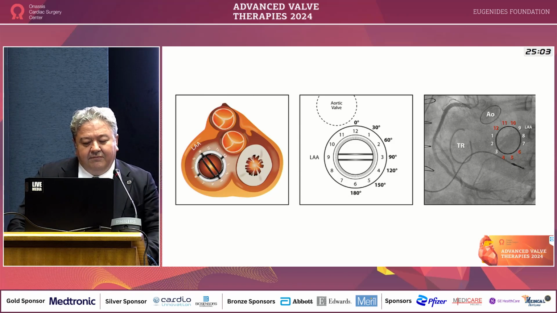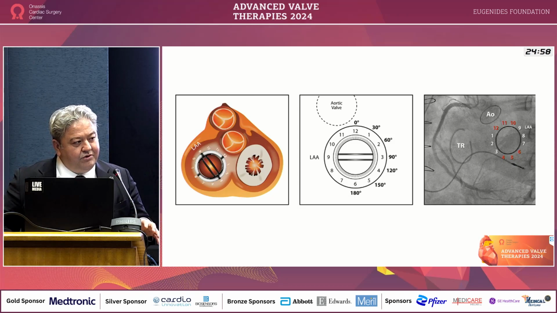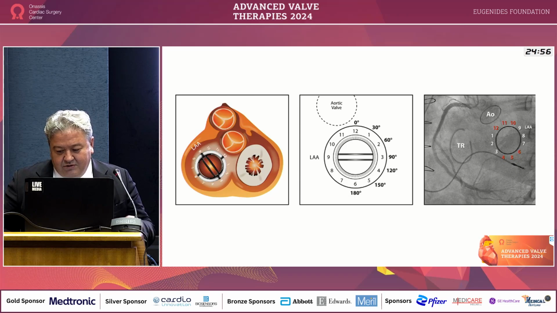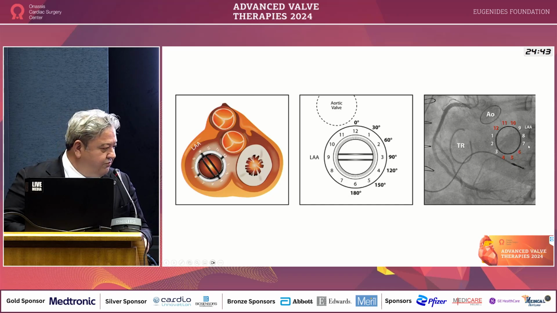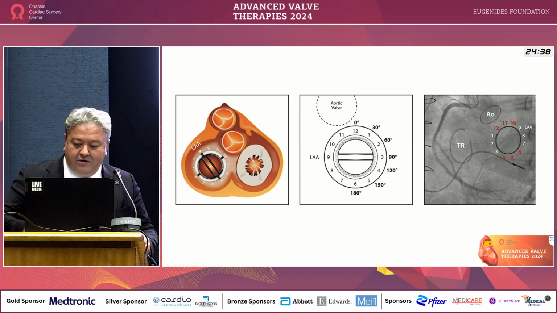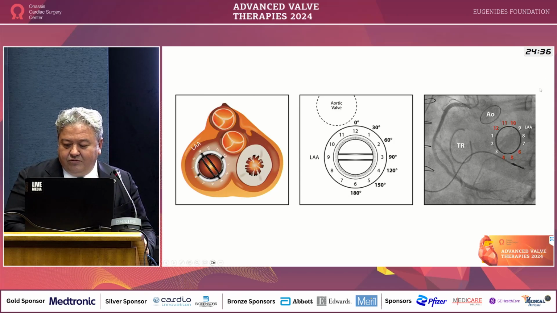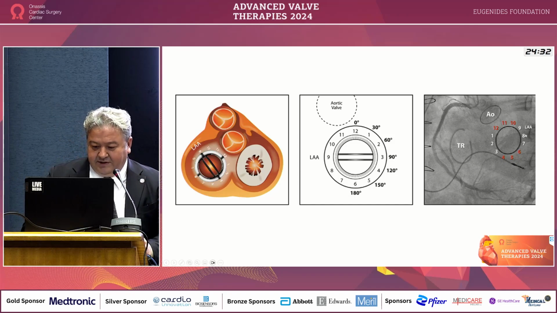But on fluoroscopy in the left anterior oblique position, this is a mirror image of the transesophageal echo. It is also very important to know the left anterior oblique caudal view for evaluating where we cross, whether inside the leak or inside the valve, and very important to evaluate impingement after device implantation.